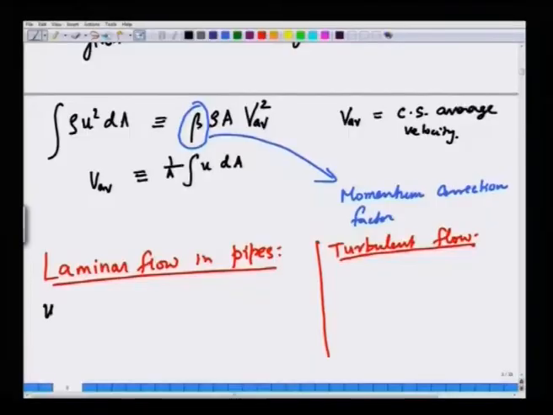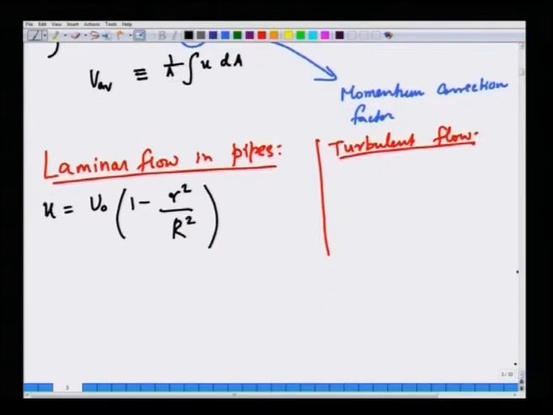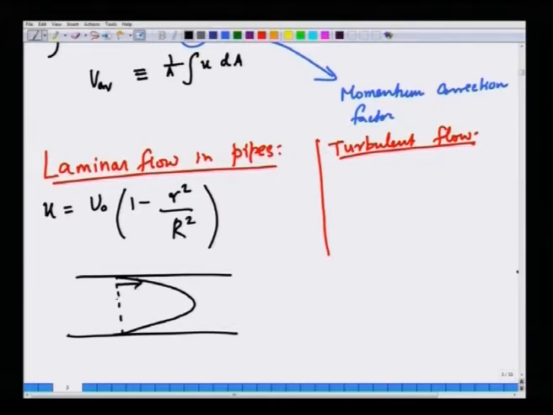So, it turns out that how the velocity varies with the cross sectional area is very, very different for laminar and turbulent flows. For laminar flows, for which I can give you a full illustration of how to calculate the beta, the velocity in a pipe is parabolic in nature. That is, if I plot the velocity as a function of the radial coordinate, it is a parabola.